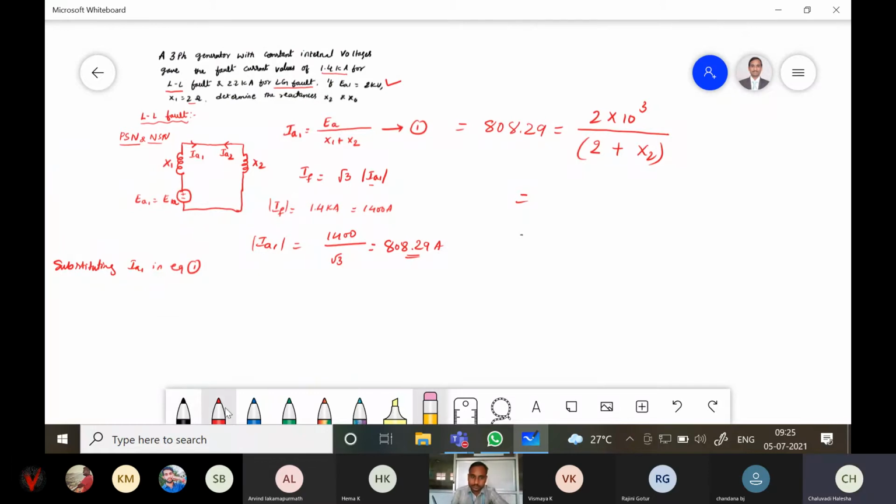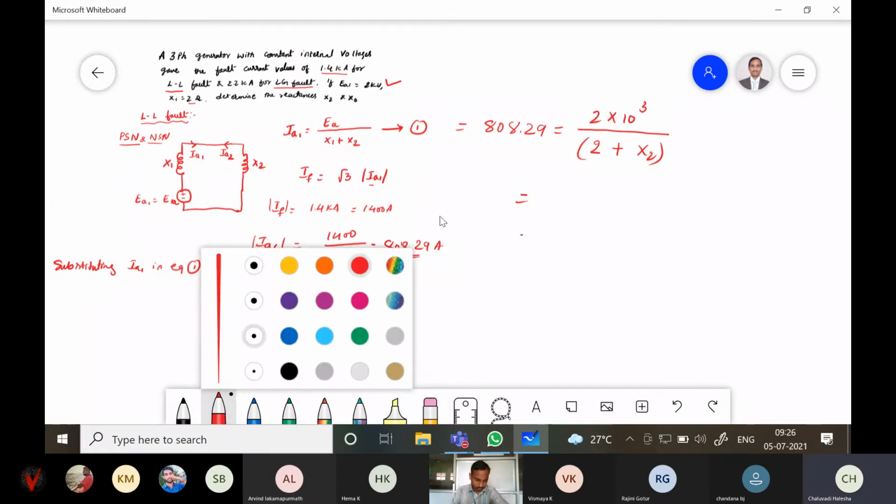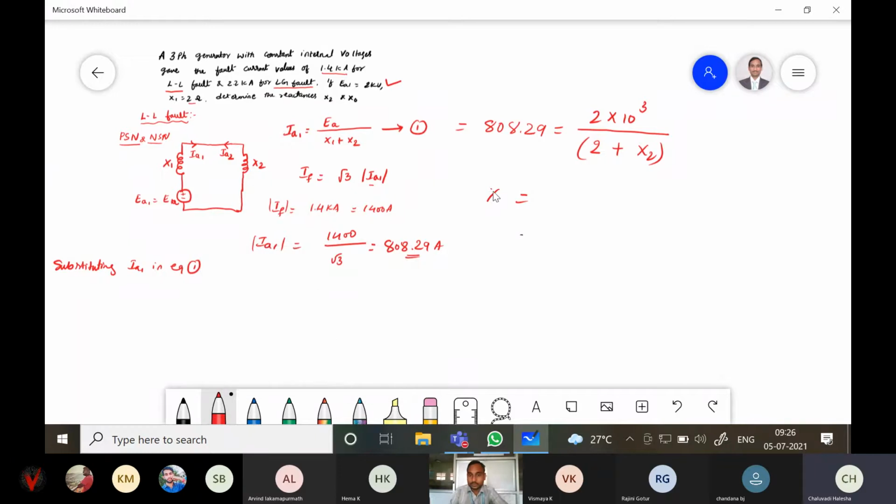Sir, 0.47 it is coming, sir. So x2 is equal to 0.47 ohm. Yes. So we have calculated x2 by using the LL fault, right? Similarly, we need to calculate x0 by using the LG fault.